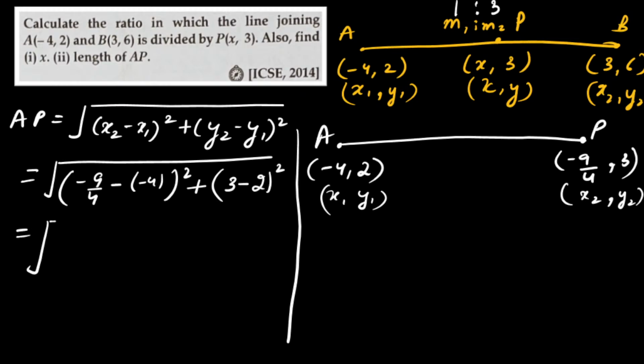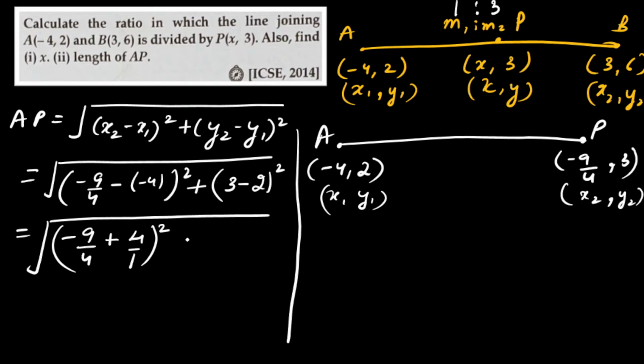Let's simplify this. The minus signs are together, so minus into minus is plus. First of all, convert the two signs into a single sign. So -9/4 plus 4, which we can also write as 4/1, because when two fractions are getting added, we have to make the denominator the same. That's why we have to take the LCM here.